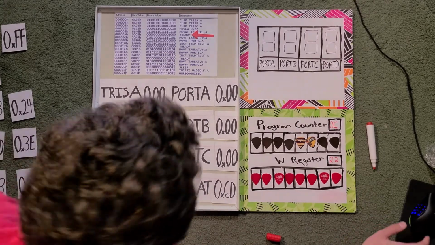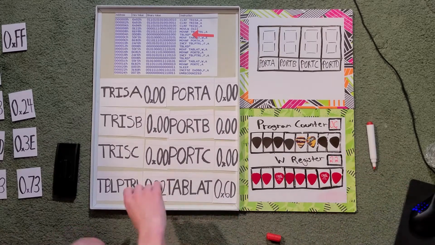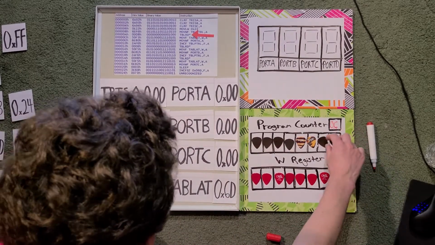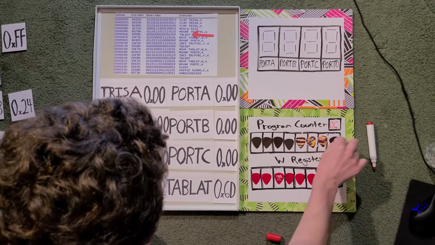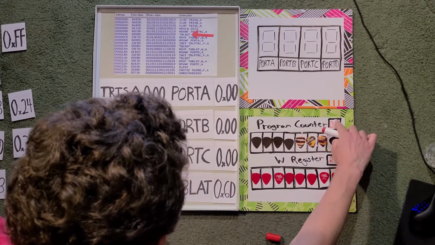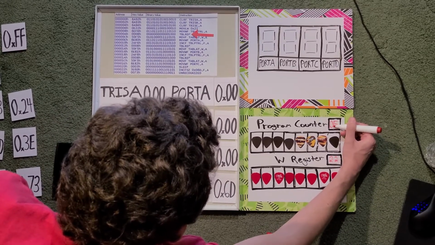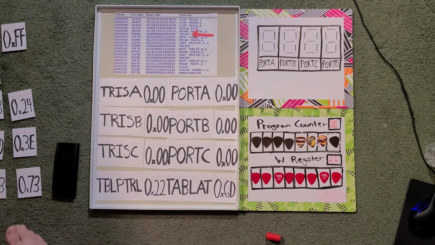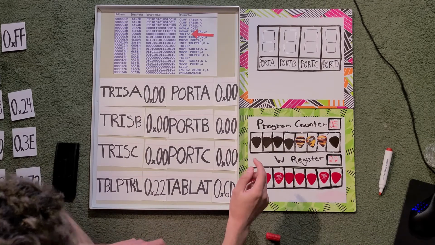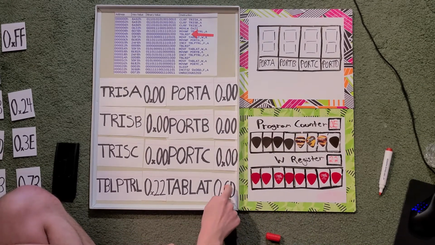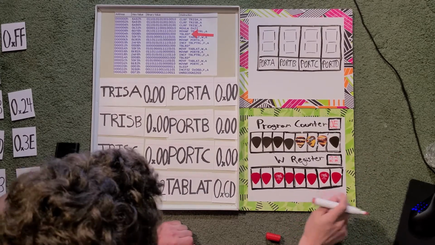All right, time to move on to our next step. I'm going to increase our program counter again from C to E. Now what we're going to do is move the value in TABLAT to our W register, so we can write it to the port next.